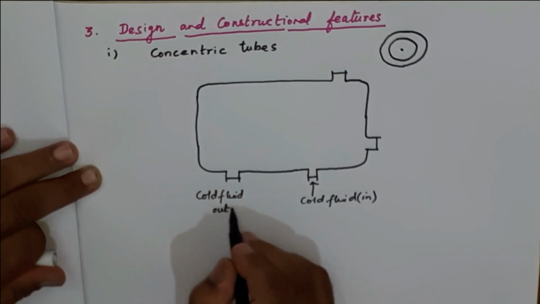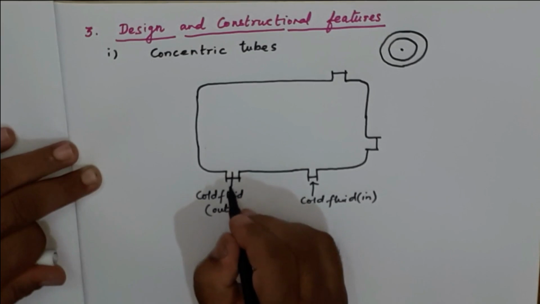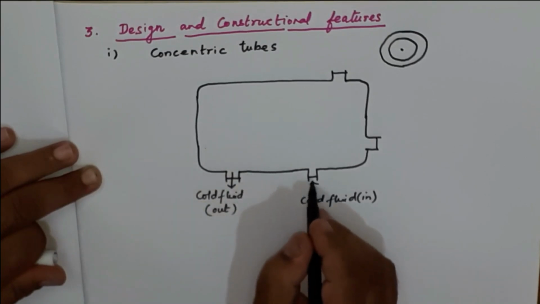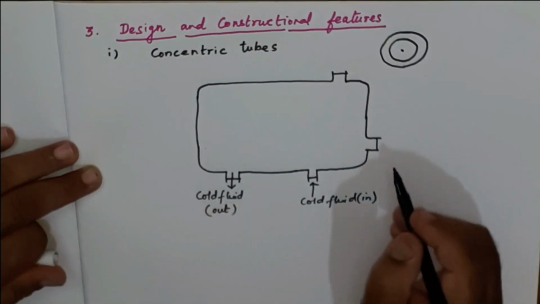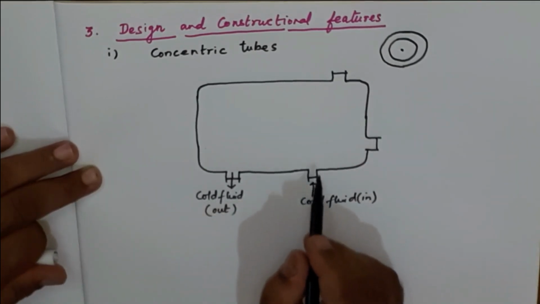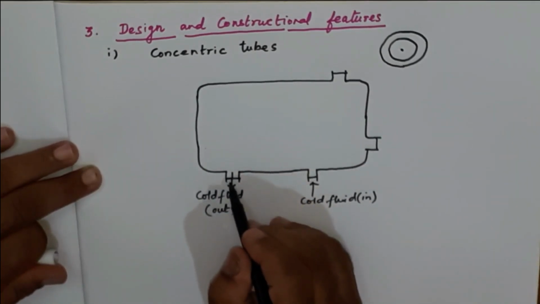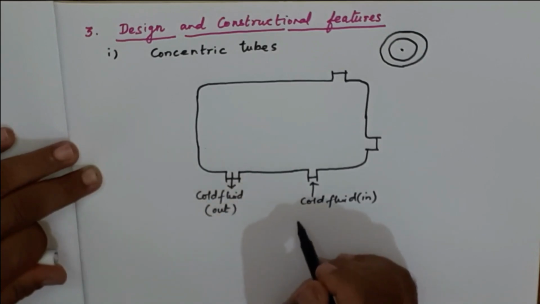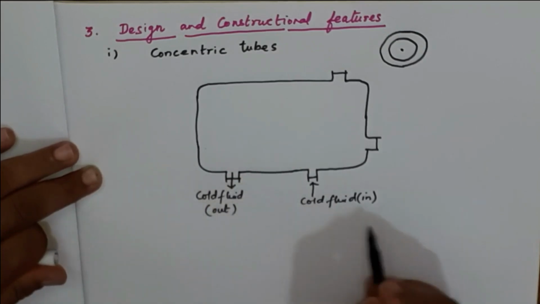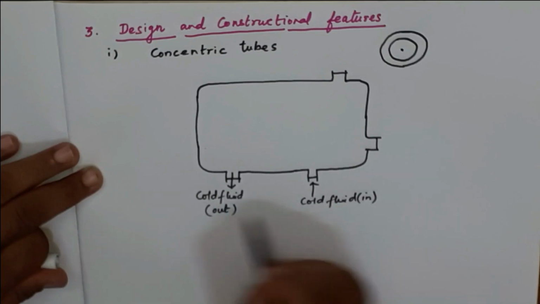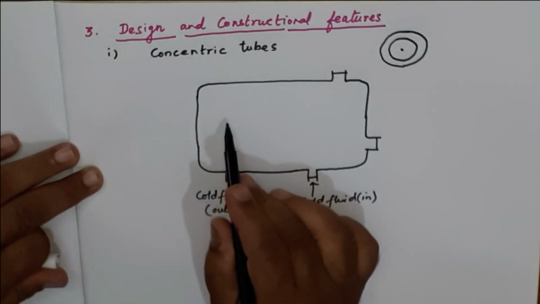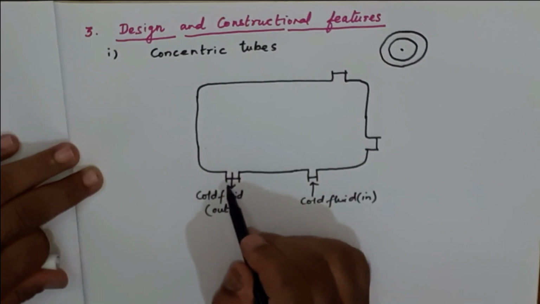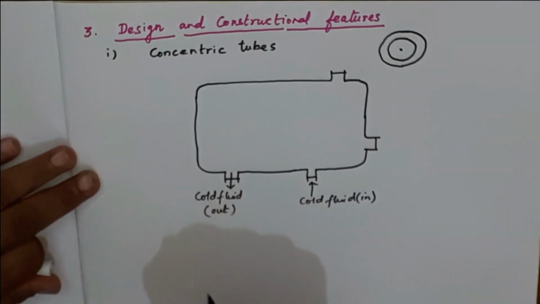So when I say it is cold fluid, it means after exchange of heat this will become hot. It does not mean that it enters as a cold fluid and exits as a cold fluid. So in order to represent it, we are writing as cold fluid in and cold fluid out. Actually, the cold fluid enters the heat exchanger, exchanges the energy with the hot fluid, and comes out as hot fluid.